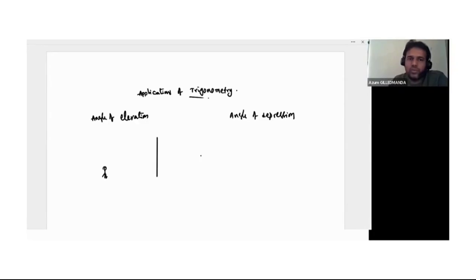So you need to see to the top. This is the horizontal distance between the tower and where you are standing, and this makes some angle. The line through which you are able to see the top of the mountain or building or tower is called the line of sight.